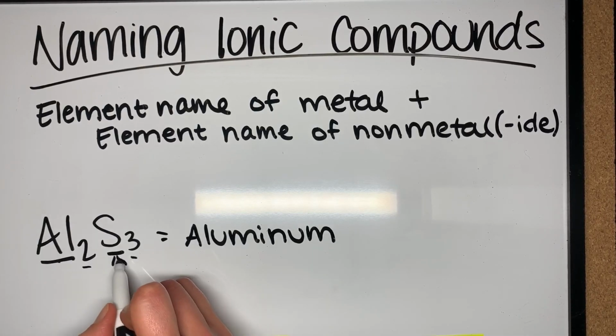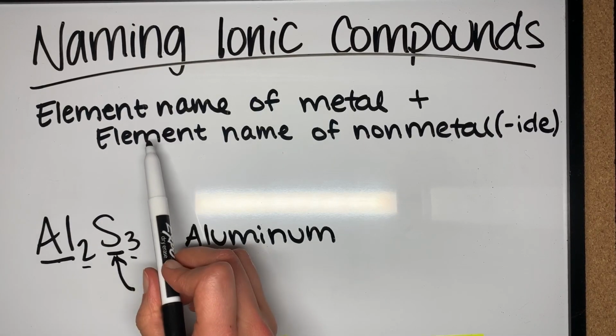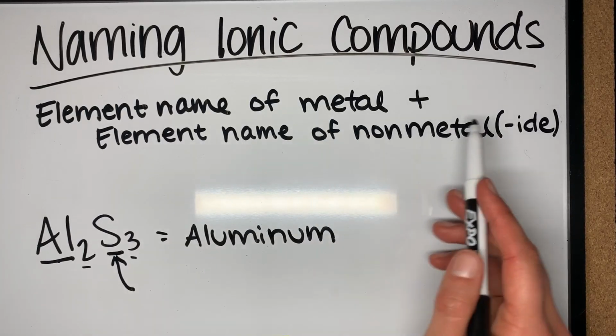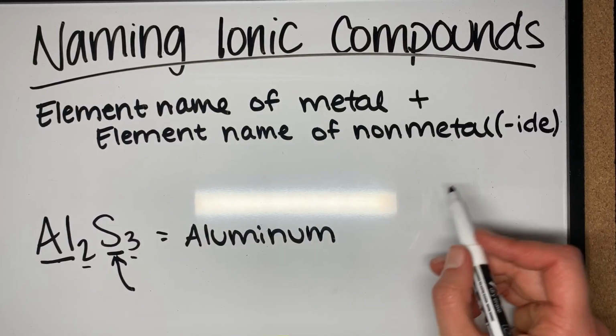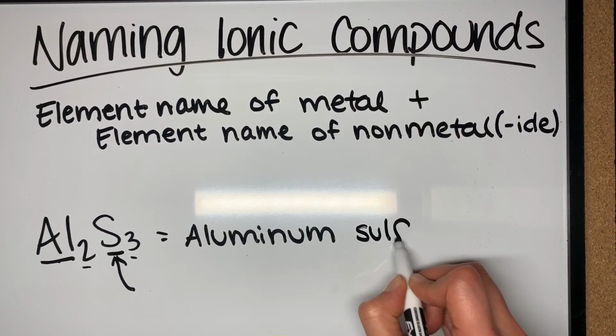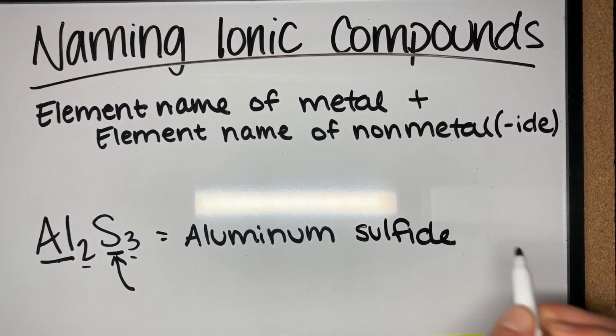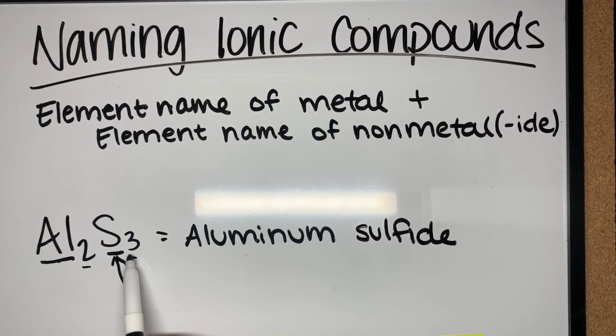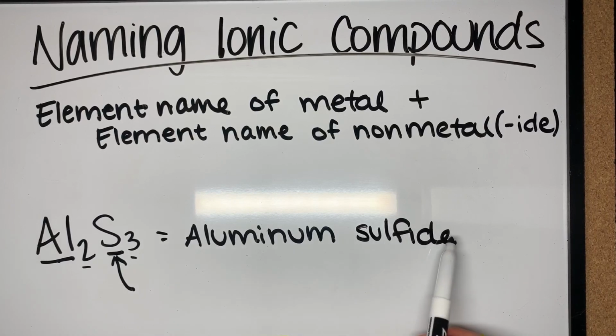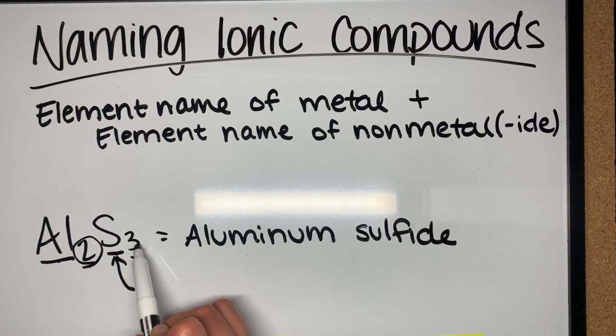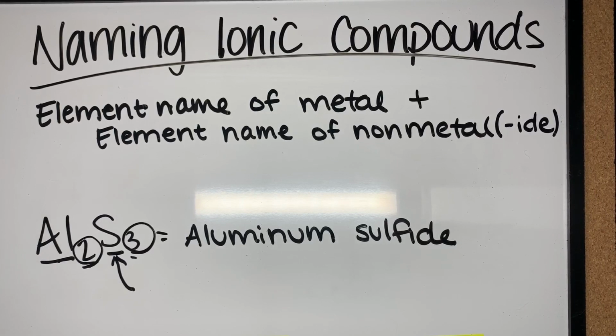And then our nonmetal is sulfur. So we are going to put the element name of the nonmetal with an IDE ending. So this becomes sulfide. So Al2S3 becomes aluminum sulfide. And notice these subscripts don't make any difference in how I name the compound. So this is for basic ionic compounds. These don't matter.